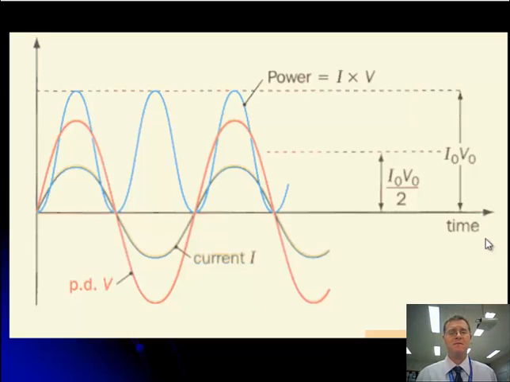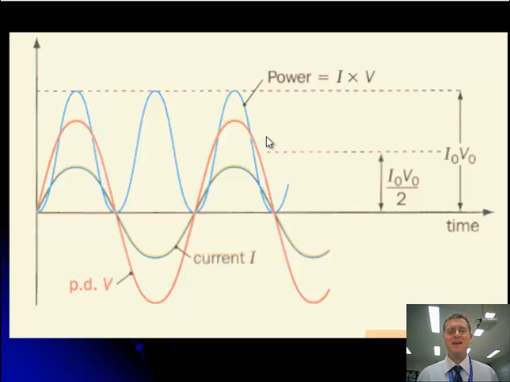Okay, so here's a graphical interpretation of power. As we can see here, if we look at current and PD, the power curve follows exactly the same pattern. It's in phase with current and voltage.